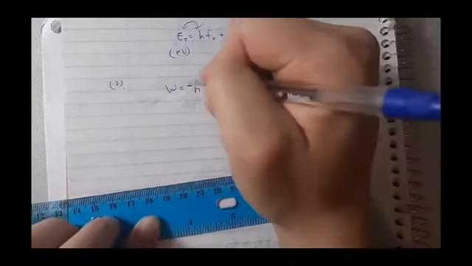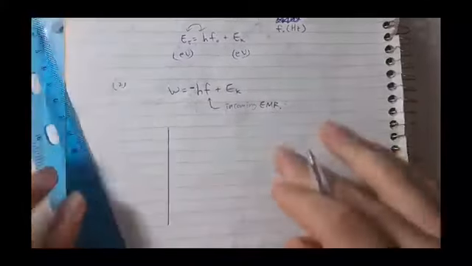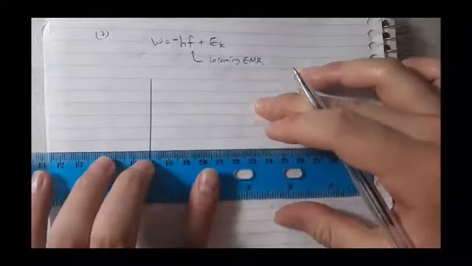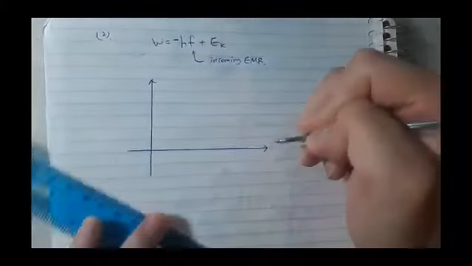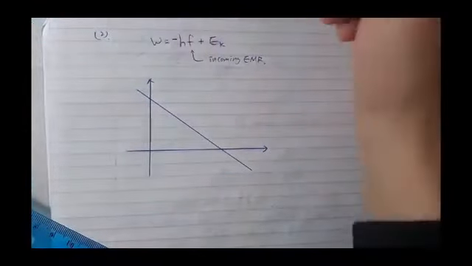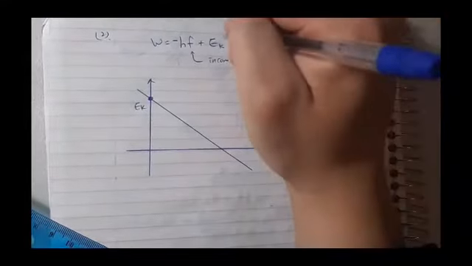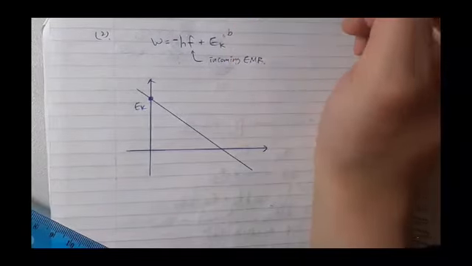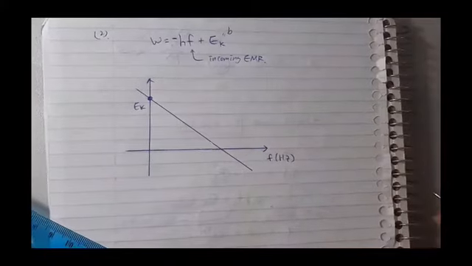So my slope itself is negative, so that means I have vertical and I also have horizontal like this, and you will have a down slope, going down type of slope. We may have EK as my y-intercept, which is equivalent to b over here, and my x should be my frequency, hertz, something like that.